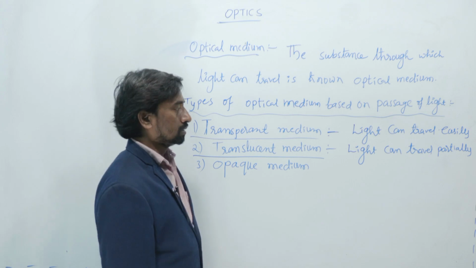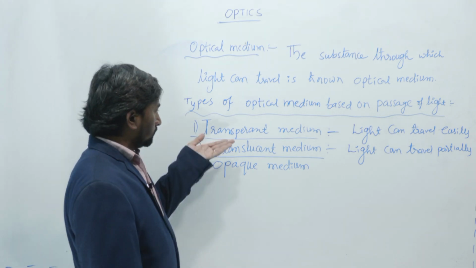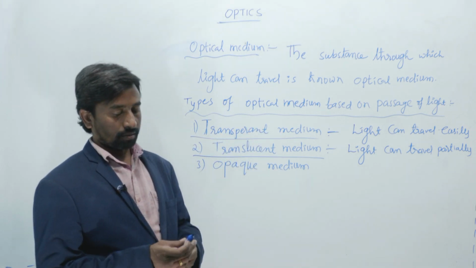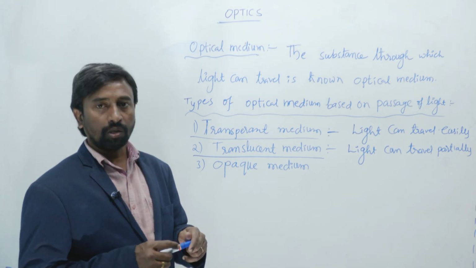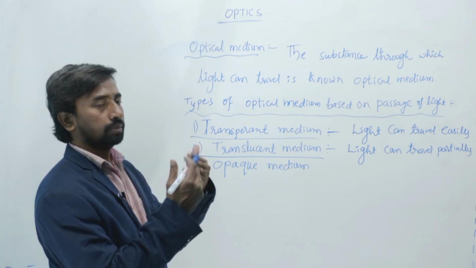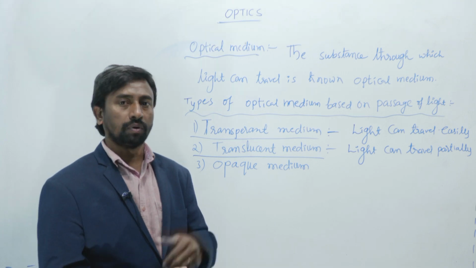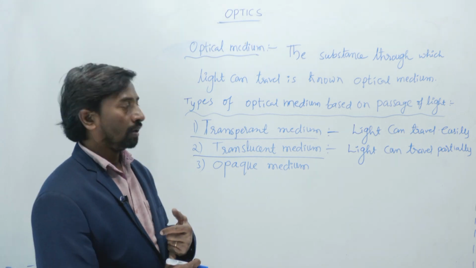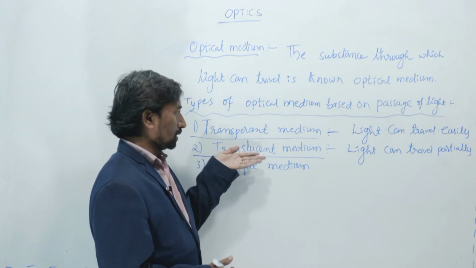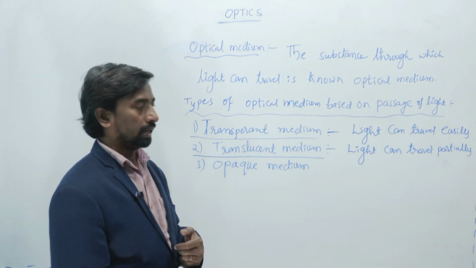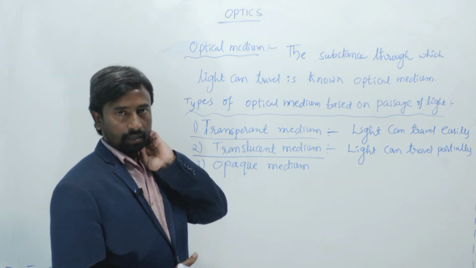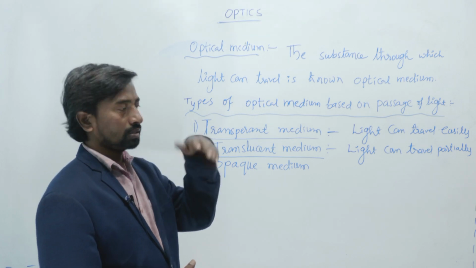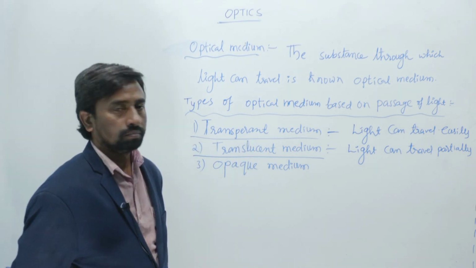In a transparent medium, light travels through the object and we can see what objects are behind that substance.